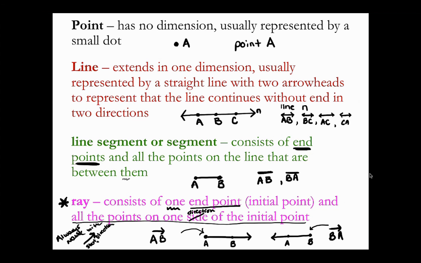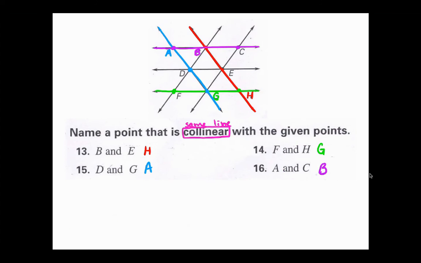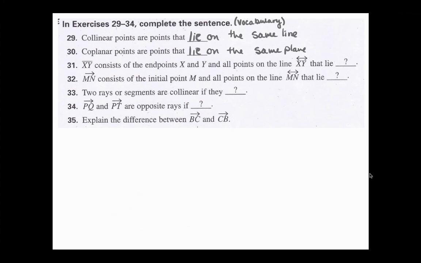So the key to this is the them. The them that we're referring to are the endpoints. So when we look at this fill in the blank, it's all of the points that lie between X and Y.